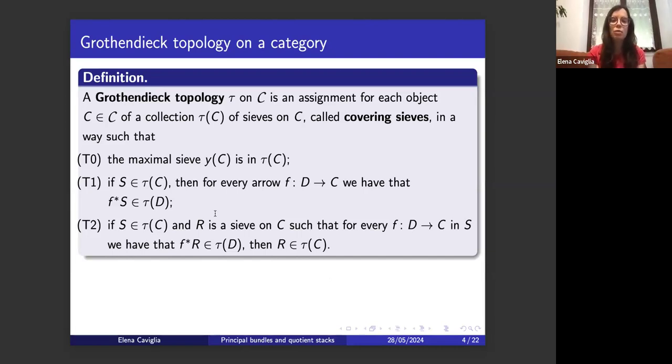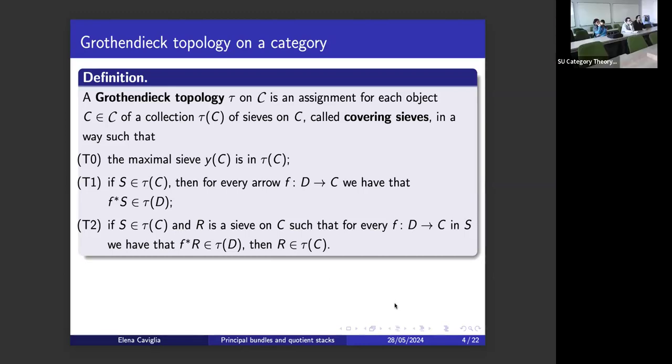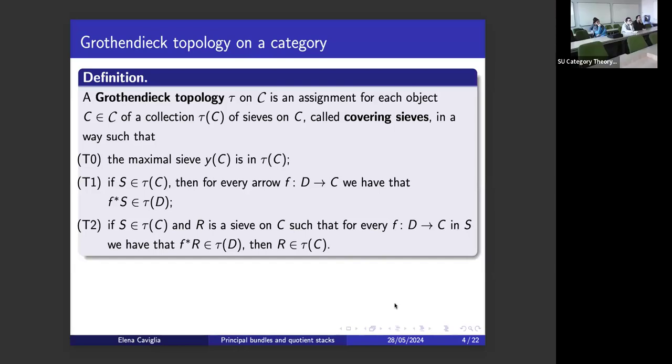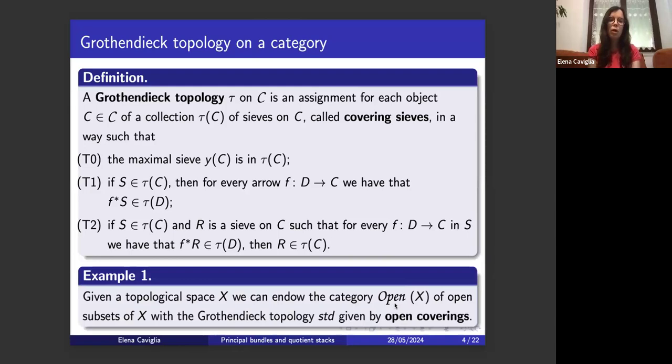And the idea is that once we have a basis for a Grothendieck topology, we can generate the whole topology just by closing under precomposition. And we will sometimes use this notion of basis instead of the notion of topology, but the two languages are equivalent.